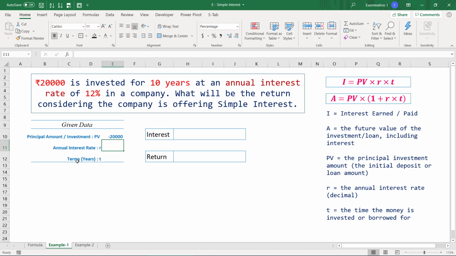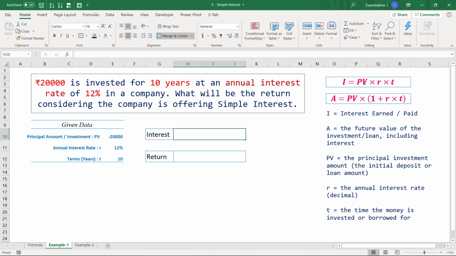Time is given as 10 years. Annual interest rate is 12%. So you can see the interest rate 12% is per year and time is also in years. So it is fine.